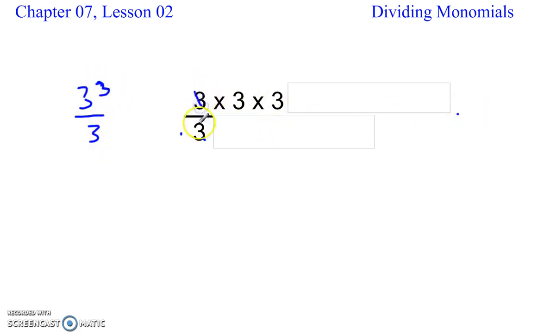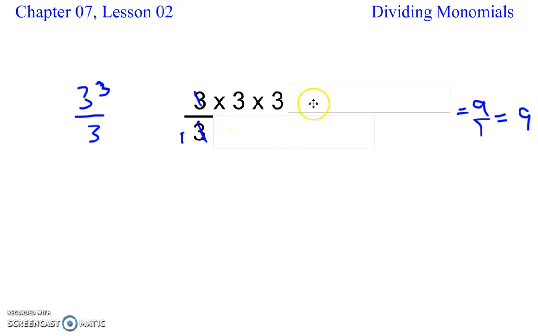Well, I can cross this one off. Leaves a 1 down here and a 1 up here. I don't necessarily need it because 1 times something is the number itself. 3 times 3, so that's 9 over 1, or just 9. You get the gist. I could keep going.